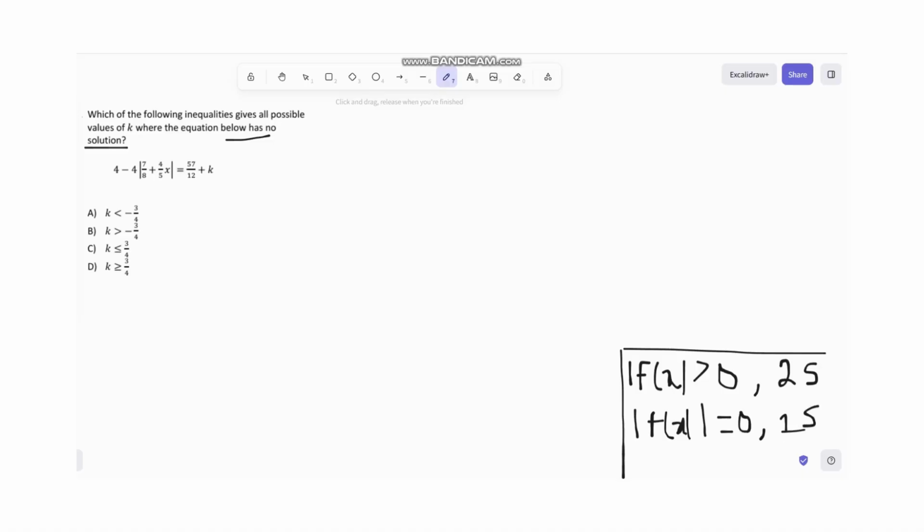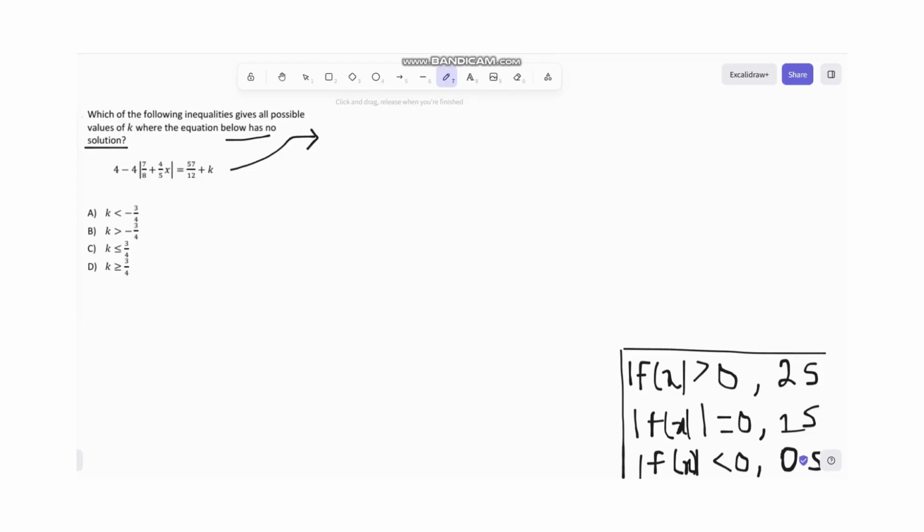And if the absolute value of a function is less than 0, there will be no solution. So 0 solutions. And why is that so? Because an absolute value would never be negative. Similarly, let's do the operation with this equation.